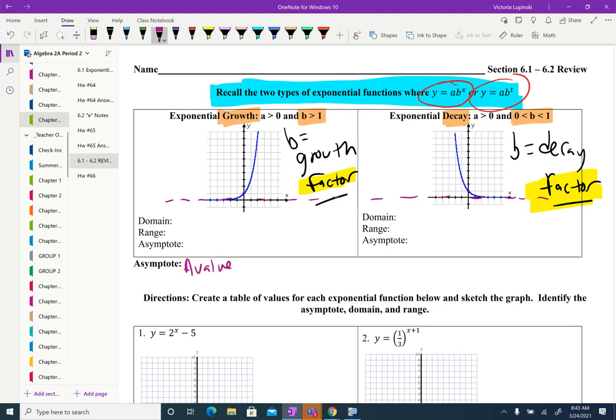So an asymptote is a value the graph approaches more and more closely but never reaches.